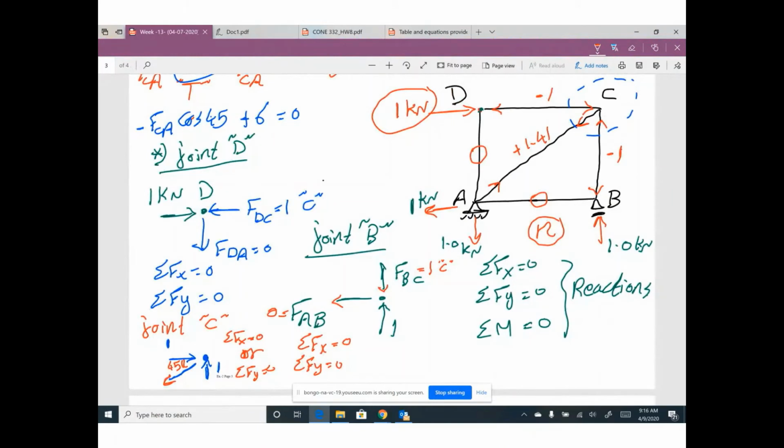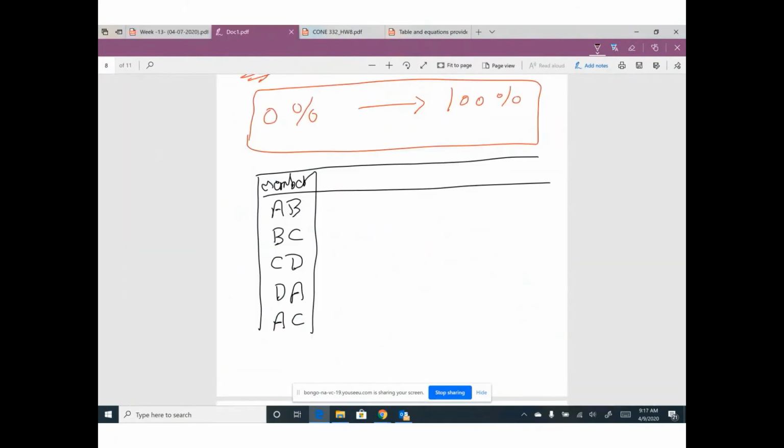Second column, go ahead and put the length of each member. Member AB 3 meter, BC 3 meter, CD 3 meter, DA 3 meter, AC, I think, oh, wait, 4.24.